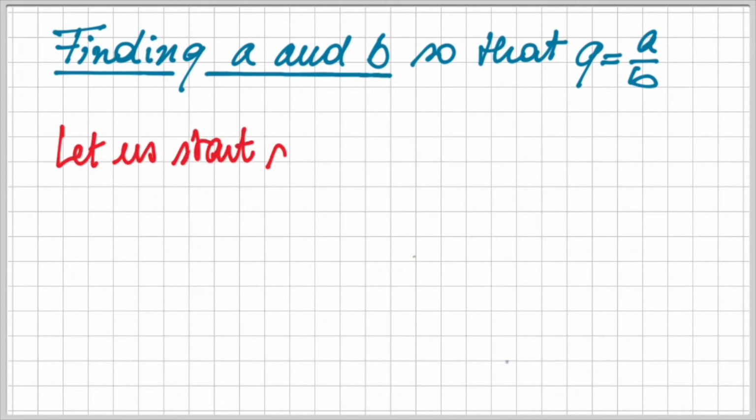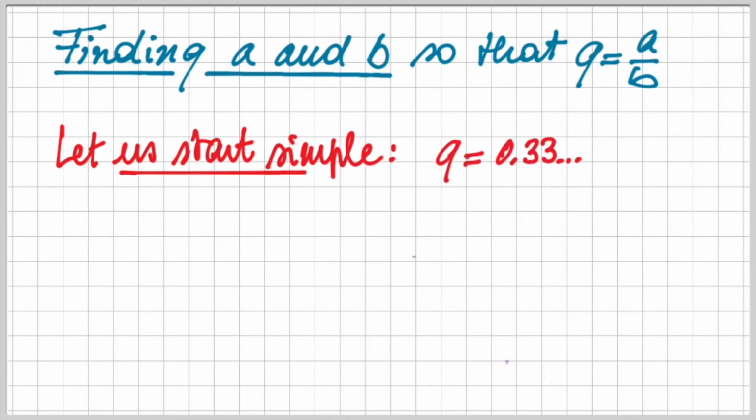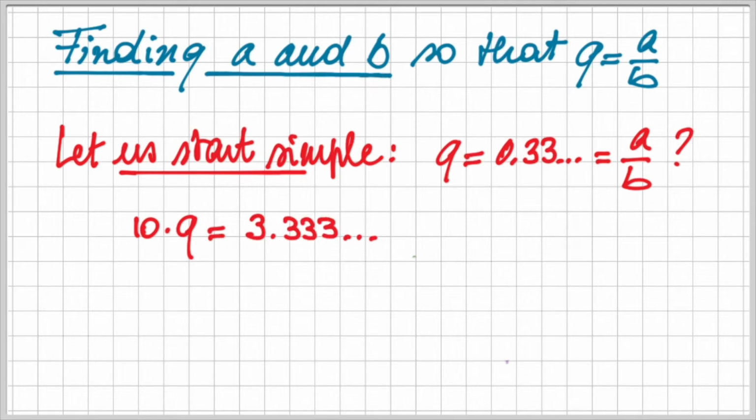Let's start with a very simple example. Let's say q is 0.33. Okay, we know this is equal to 1/3. But just to explain the principle, how do we find a and b? We have one repeating decimal, so when we multiply q with 10, we find 3.3333.